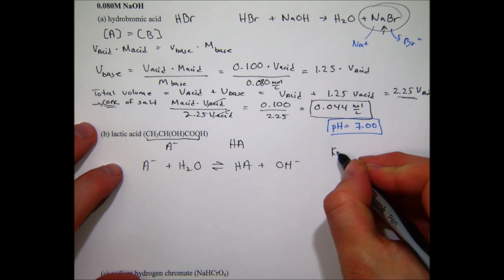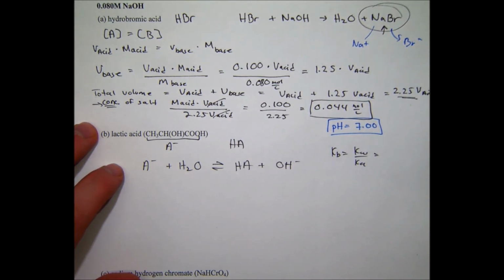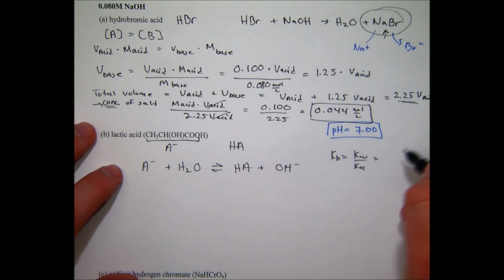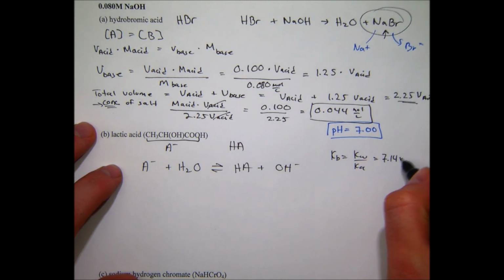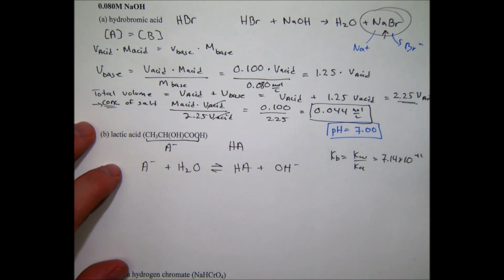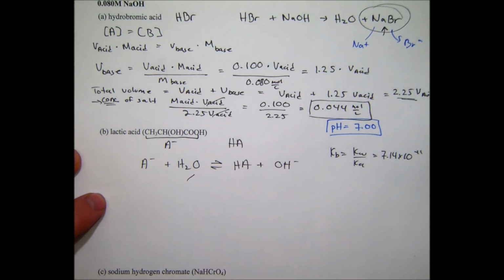I know that the Kb for this process is equal to Kw over Ka. It is 7.14 times 10 to the negative 11 in this case. So by doing this, what we should be able to understand is that the concentration of water, first of all, doesn't matter.